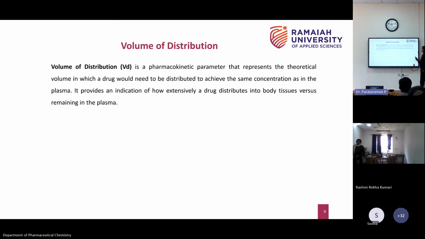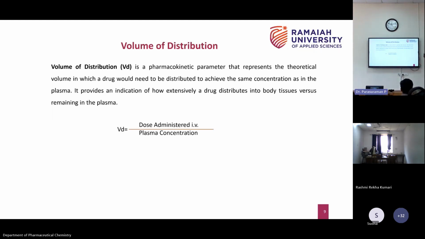So what is volume of distribution? Volume of distribution is a main pharmacokinetic parameter that represents the theoretical volume in which the drug would need to be distributed to achieve the same concentration as in the plasma. It provides an indication of how extensively a drug distributes into the body tissues versus remaining in the plasma.